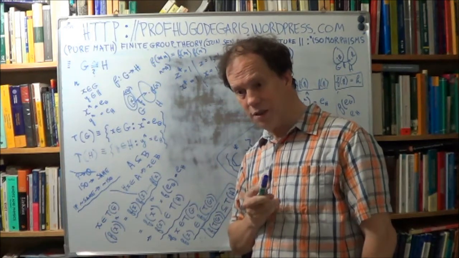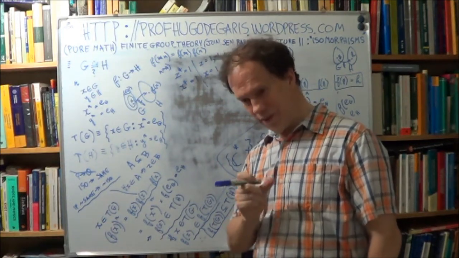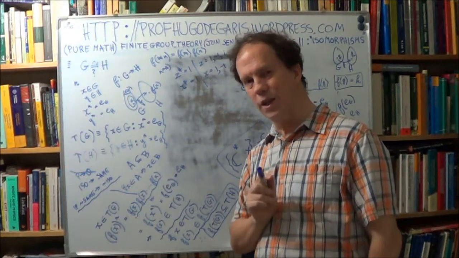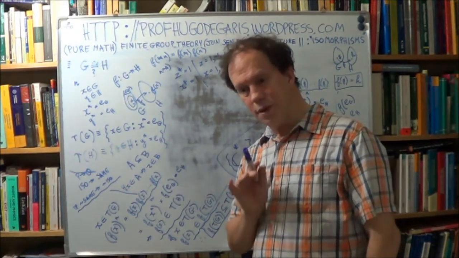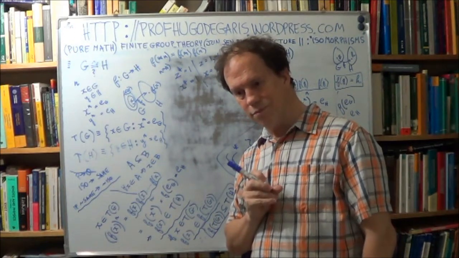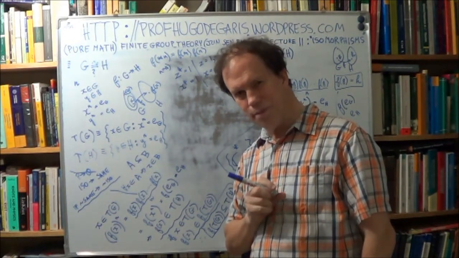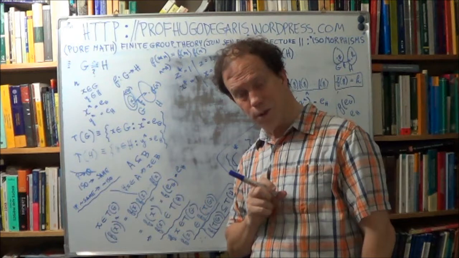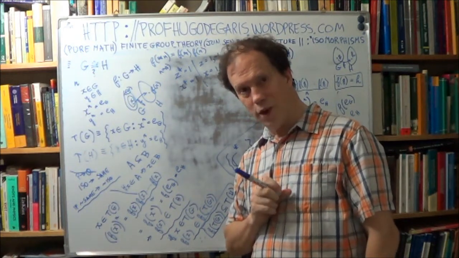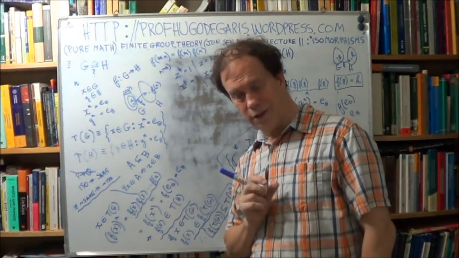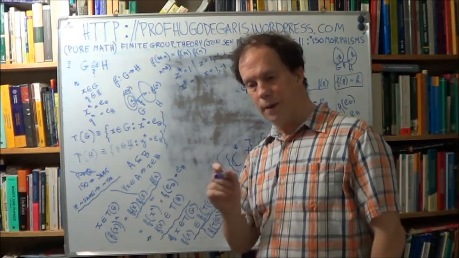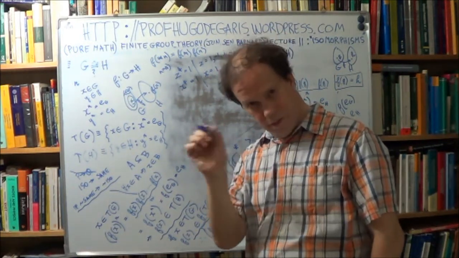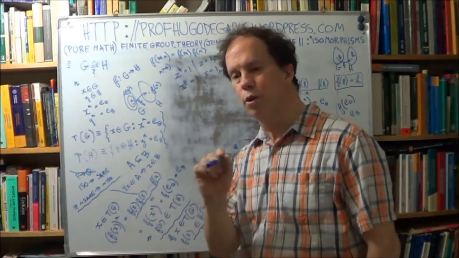It was finished, well, in a sense it's still not finished, but effectively finished in the early 80s, so about 30 years ago. And it involved about 15,000 pages of academic journals, and about 400 mathematicians collaborated on this enormous proof, proving that the list that we're talking about, of all the so-called simple groups, is complete.